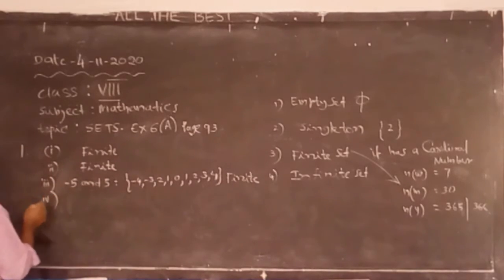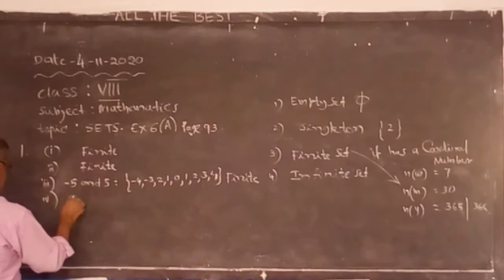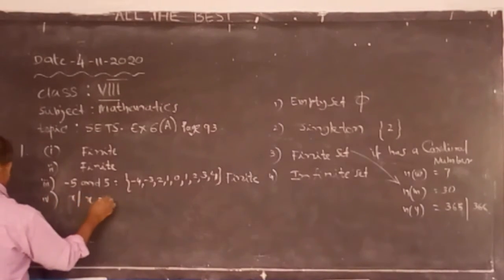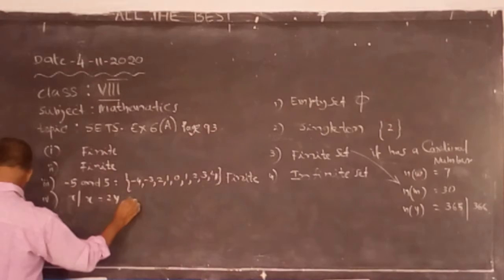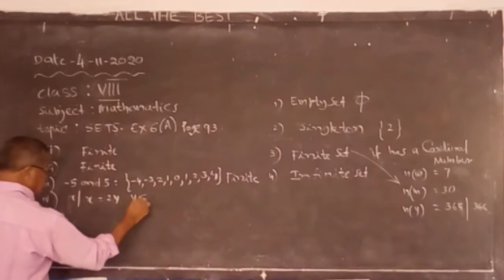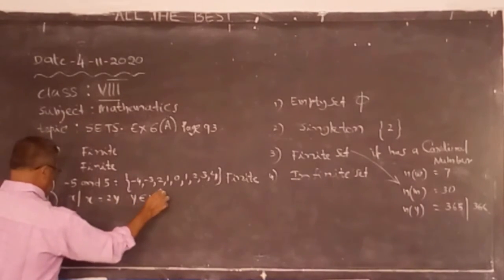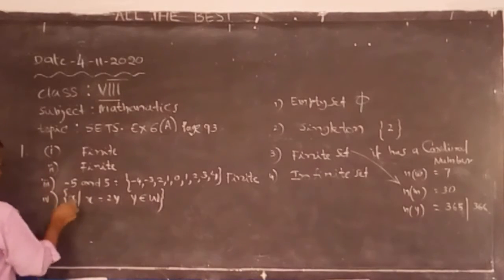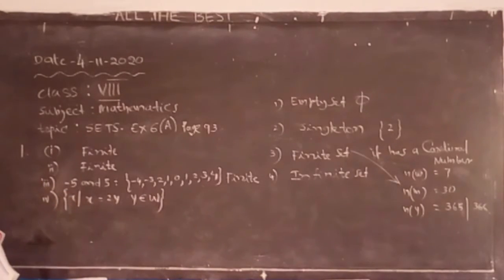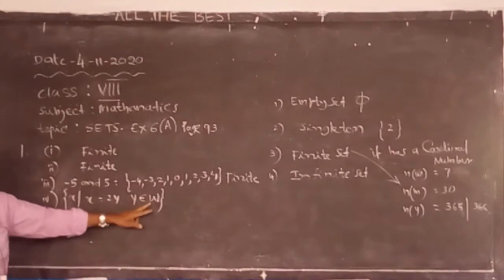Fourth, x is such that x equals 2y and y belongs to W, the whole numbers. So it has no ending. Starting is there, but we don't have an ending. There are infinite whole numbers.